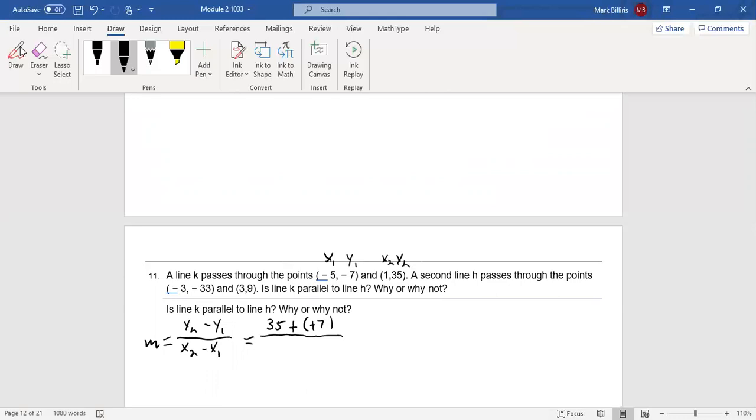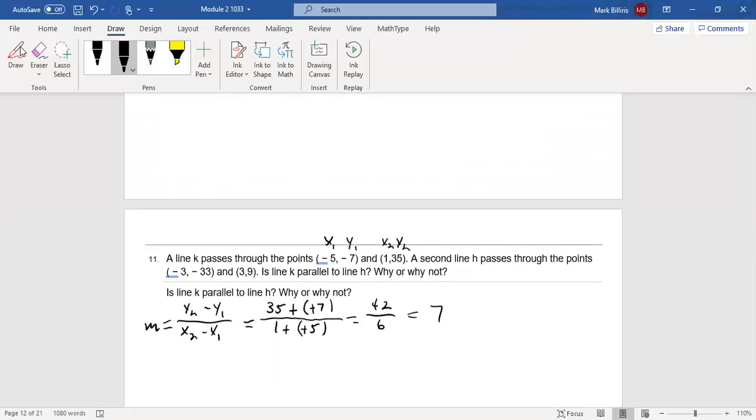So in the denominator, x sub 2 is 1 minus x sub 1 is -5. Again, notice I'm going to have a double negative. So 35 plus 7 is 42, and 1 plus 5 is 6, and 42 divided by 6 is 7.